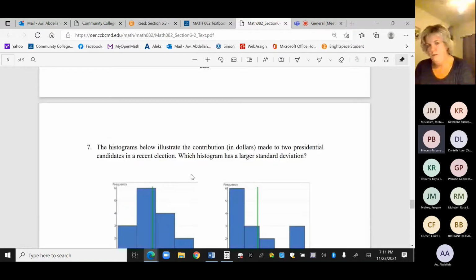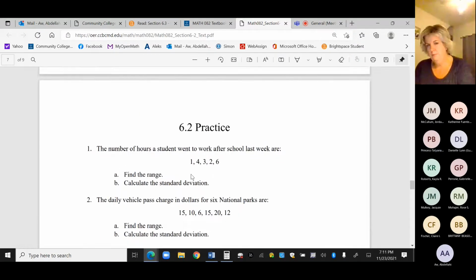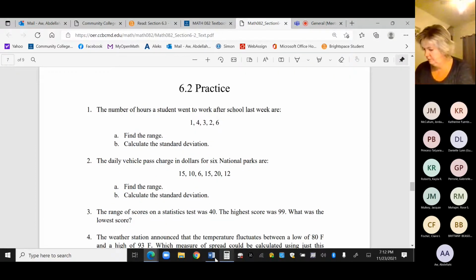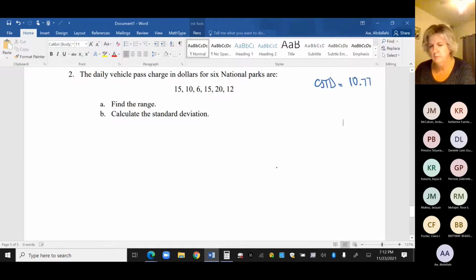Okay, so of course, in the standard deviation, it's very easy to make mistakes. Okay, that's for sure. Let's do it together. First, what is the range? What is the highest number?